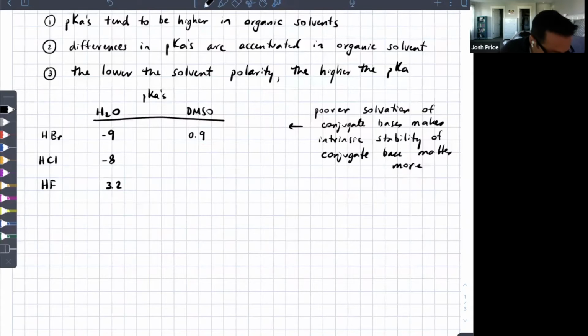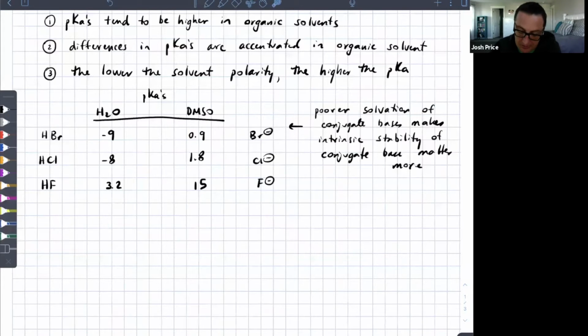Let's see, for HCl, the pKa is like 1.8, and then for HF, the pKa is 15. So you can see that though the pKa differences in water do reflect the differences in stability of the conjugate bases, with Br- and Cl- being more stable than F-, nevertheless, those effects get bigger in DMSO.